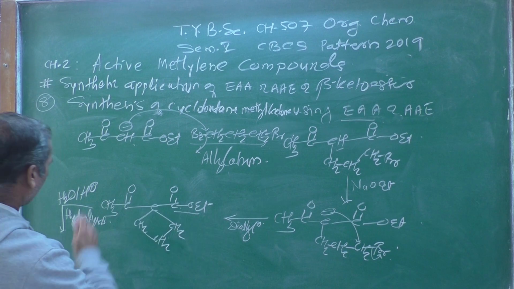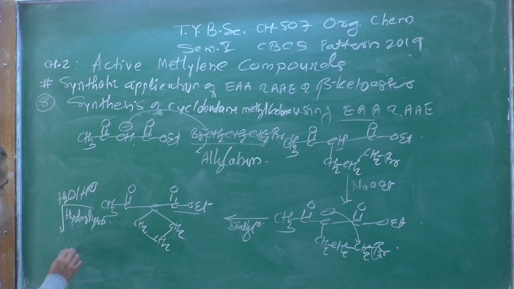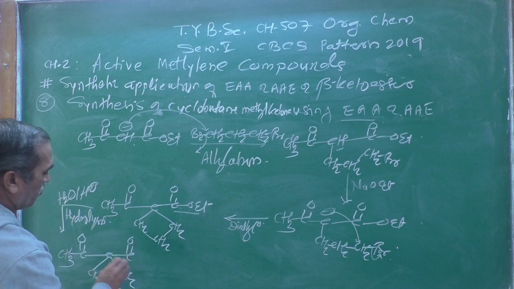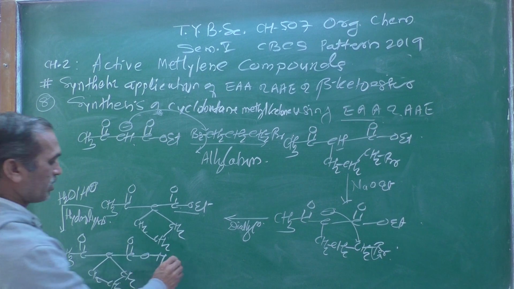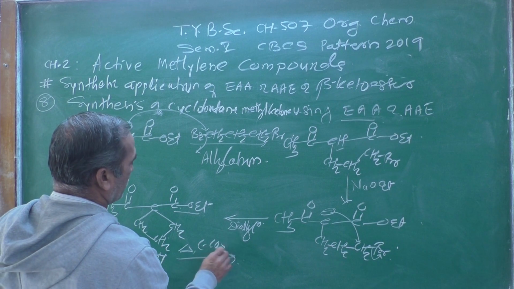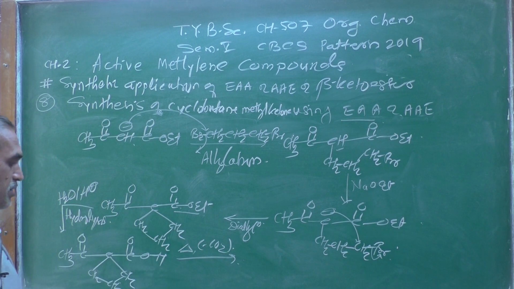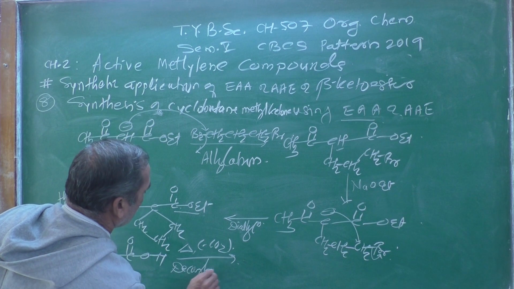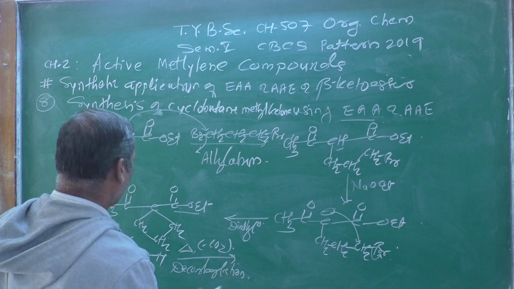Hydrolysis converts this ester group into an acid, and you will get here CH3, C double bond O, then CH2, CH2 and one more CH2 here, and C double bond O, H. After that you know that this is a heating process where there is an evolution of carbon dioxide taking place, and this process is known as decarboxylation.